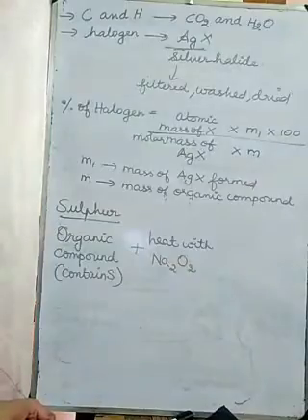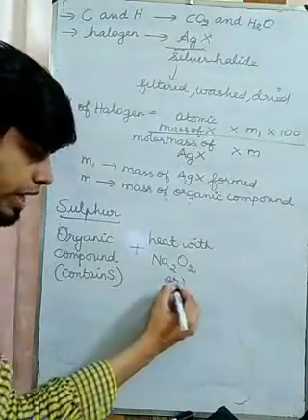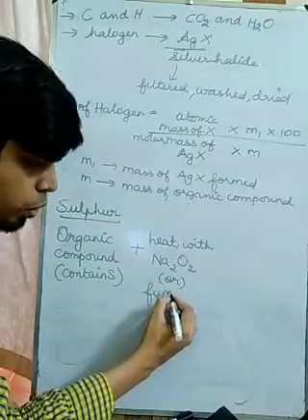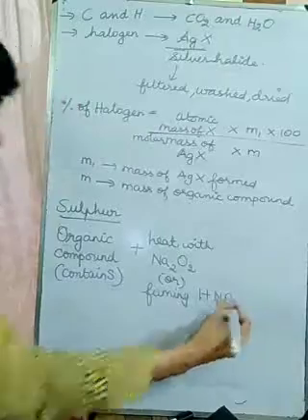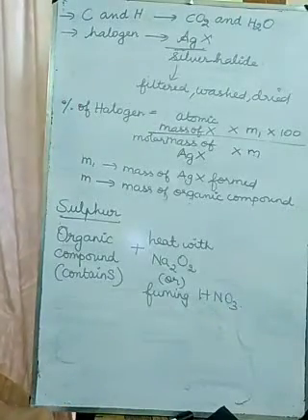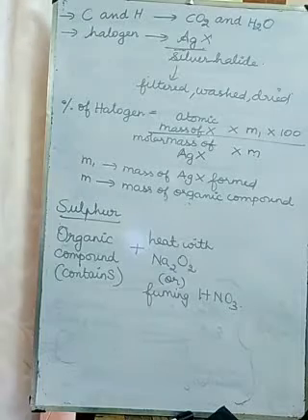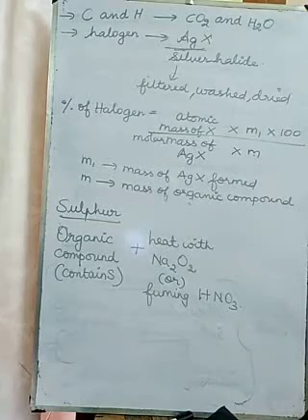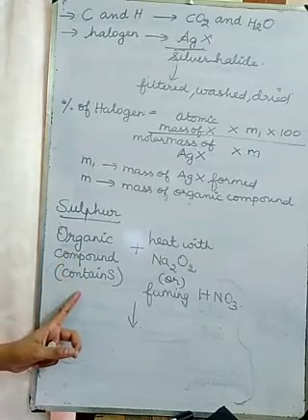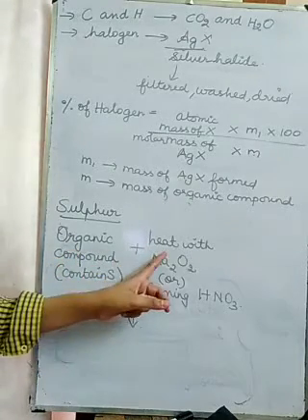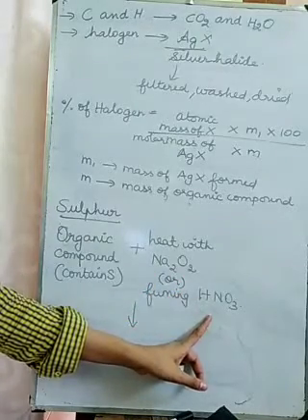Na2O2. You have to heat it with sodium peroxide, or you can heat it with fuming nitric acid. Understood? So first you have to heat the organic compound with sodium peroxide or with fuming nitric acid.